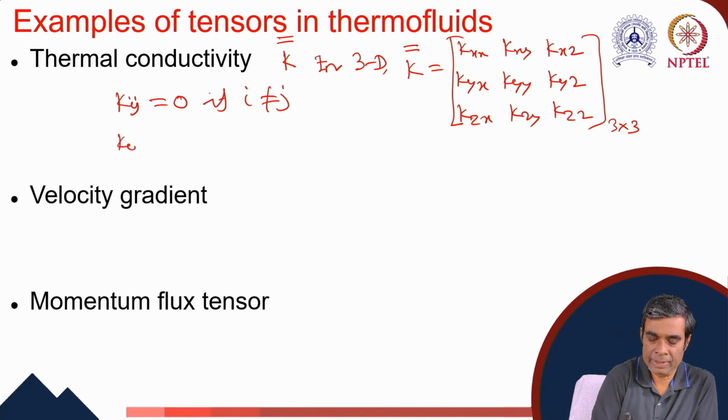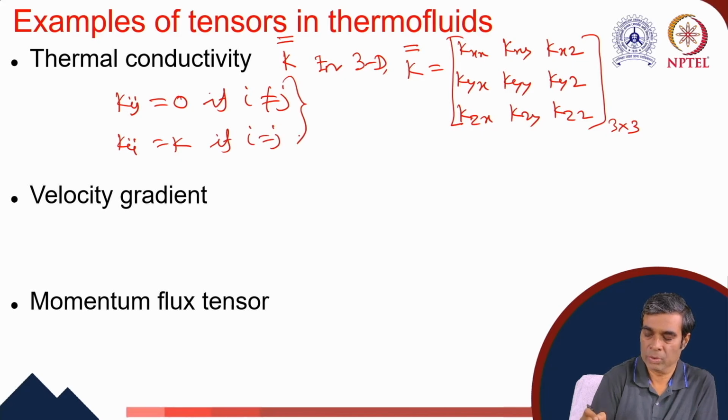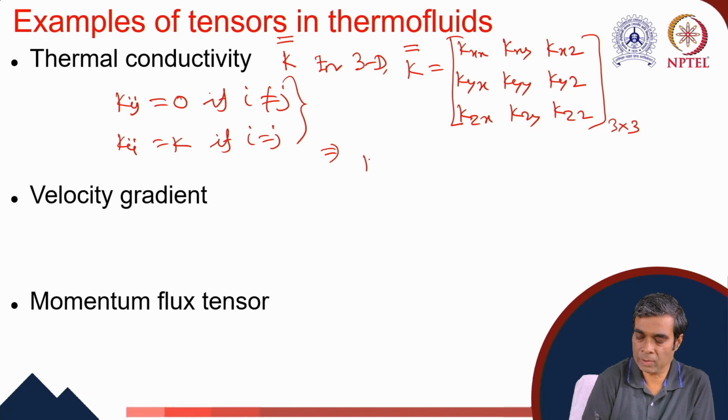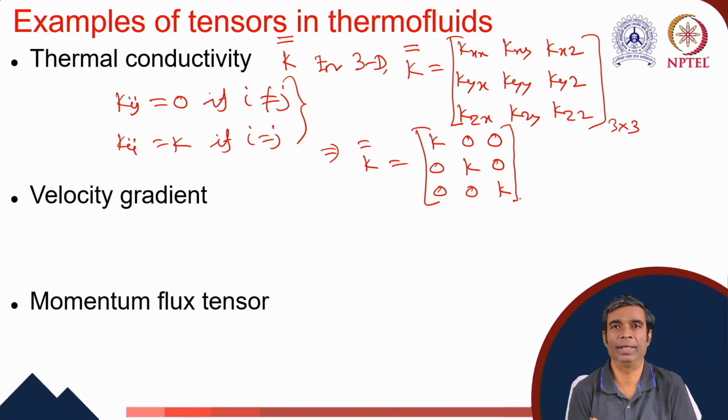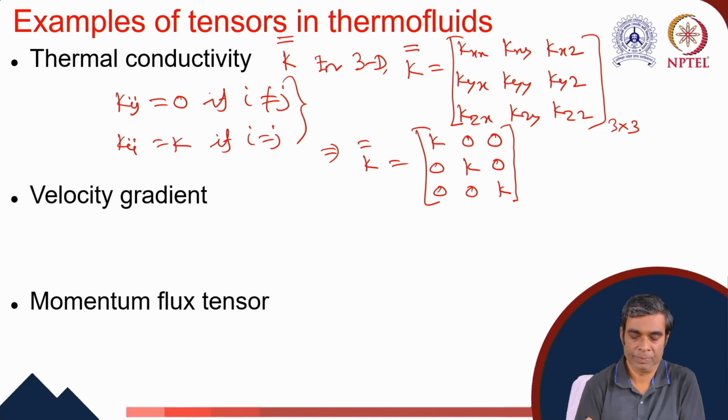Along with this, the diagonal terms become the same when i equals j. With this condition, the thermal conductivity tensor simplifies to K 0 0, 0 K 0, 0 0 K, and this permits us to consider thermal conductivity as a constant with a single value everywhere.